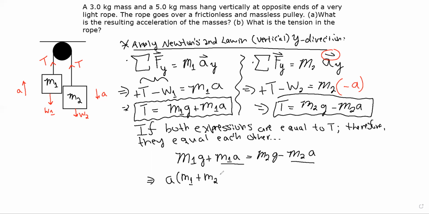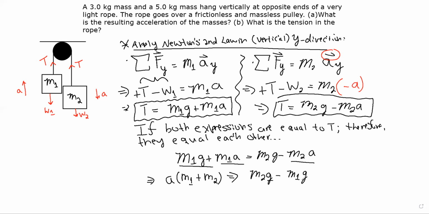So once I collect these terms on the same side, I can factor out that A. But then I'll also have to move this term to the right side. Yeah, so I'm collecting all my A's on the left. So minus M1G.